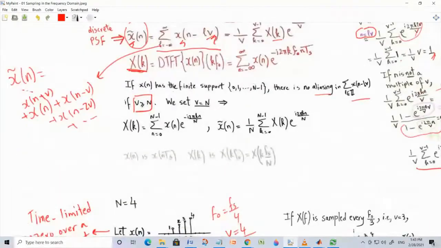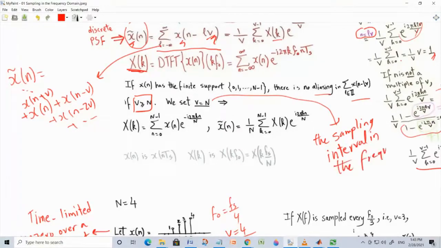But the convention is that we will use v equal to N, which means that the sampling interval in the frequency domain is fs over N. Because sampling the spectrum means that your signal in the time domain will be periodized, we will assume that the signals of interest to us are time-limited discrete time signals, with a support that we will take by convention to be potentially non-zero from small n equals 0 to small n equals big N minus 1.